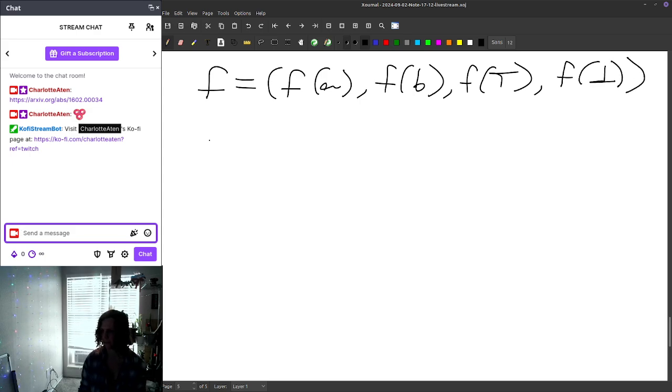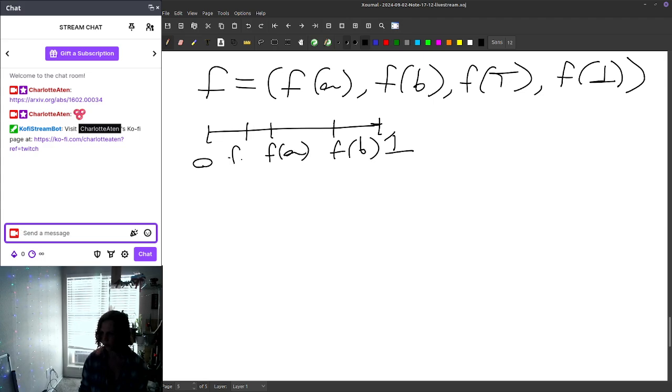Well, if we think about this, that means that somehow we're choosing to take the interval between 0 and 1, and maybe arbitrarily we're putting f of A, f of B, maybe f of the top element, and f of the bottom element here.